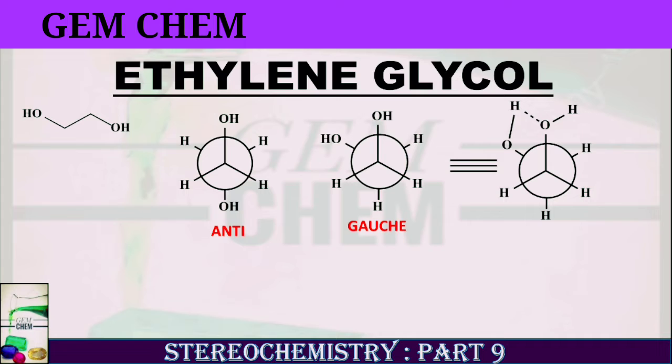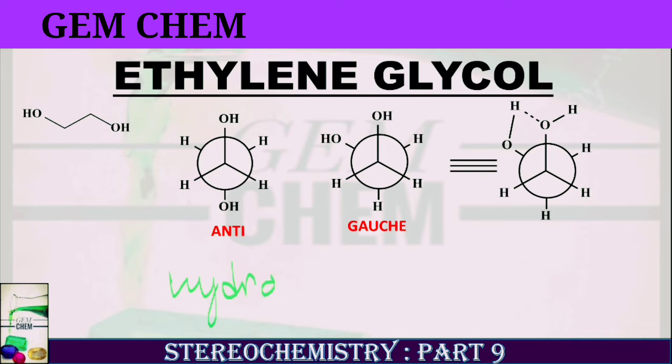In this case, the energy difference between the anti and gauche forms is larger than for n-butane, even though the steric interaction should, if anything, be smaller. The third factor, which is considered to play an important role in ethylene glycol, is hydrogen bonding.